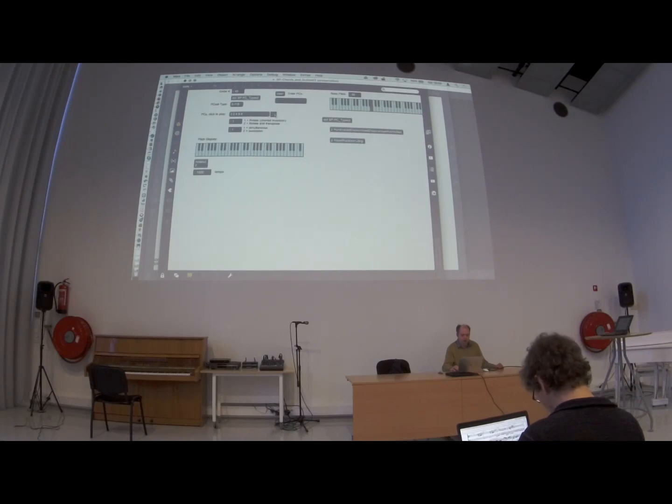I can also put the inversions starting from the same pitch. So let's listen to the Pole and Pierce main chord, it should be 3-14 and 3-12.